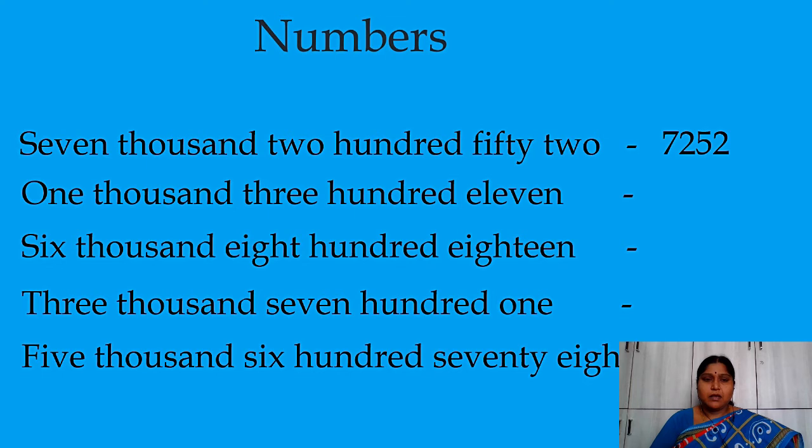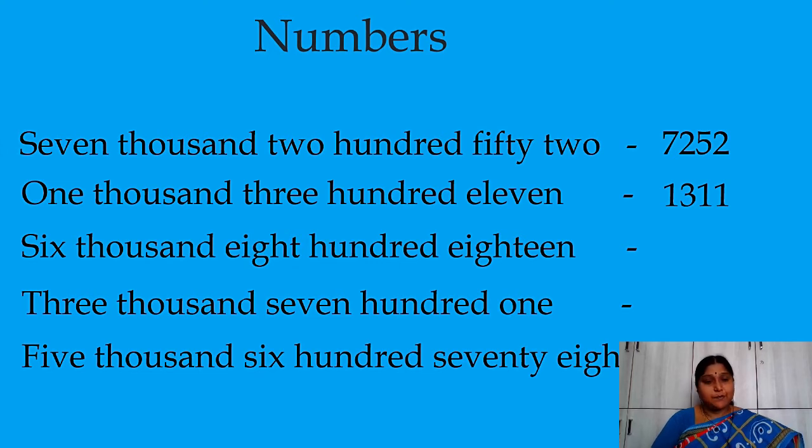Now, second number name, 1311. Then you should write 1 in thousands place, 3 in hundreds place. After that what number? 11. 11 means 1 1. You should write 1 in tens place, and one more 1 in ones place. Then the number is 1311.